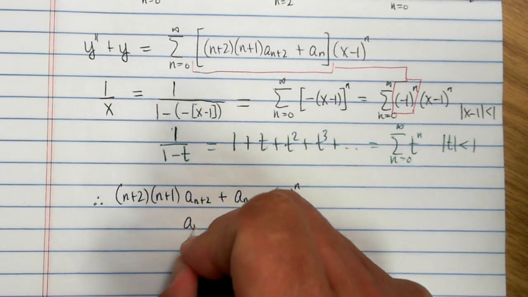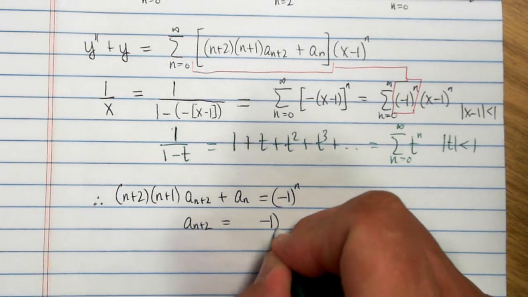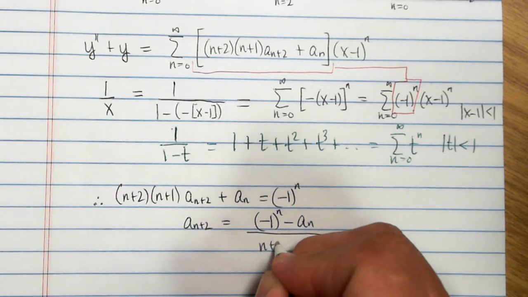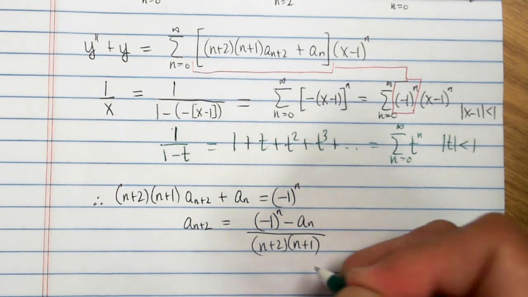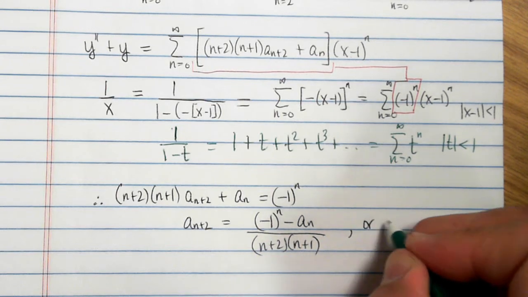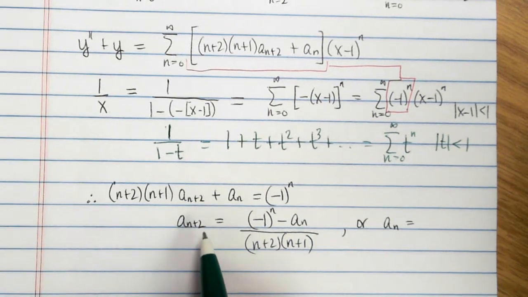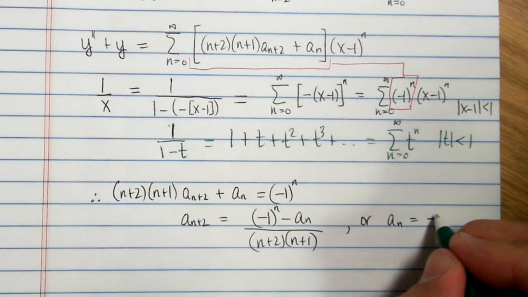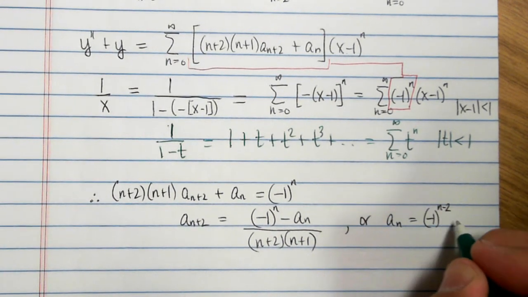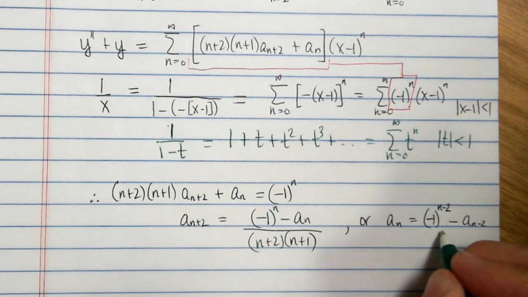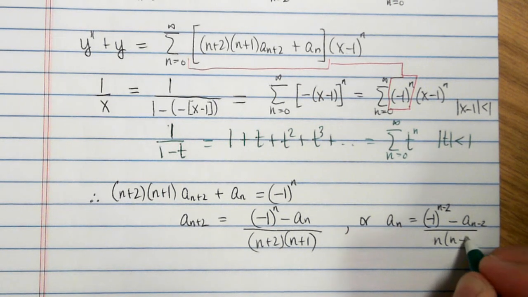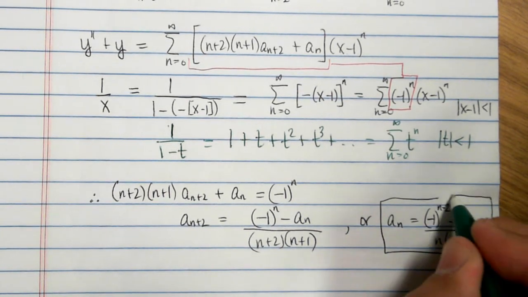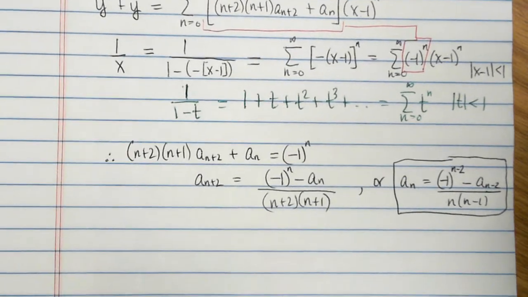Solving for a sub n plus 2, we get a sub n plus 2 is equal to negative 1 to the n minus a sub n all over n plus 2 times n plus 1. And let me write this in terms of a sub n. So everywhere I see an n, I'll replace by n minus 2. I get negative 1 to the n minus 2 minus a sub n minus 2 over n times n minus 1. And so this is going to be the recurrence relationship that I'll use in order to find the coefficients.